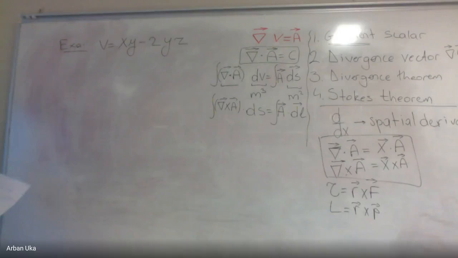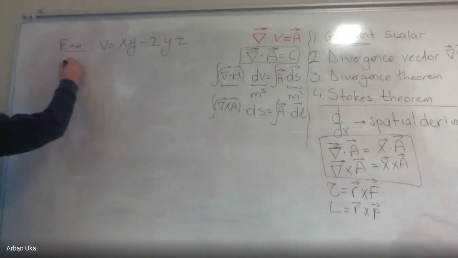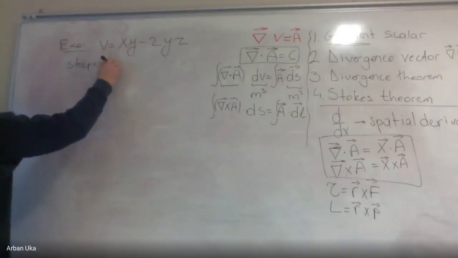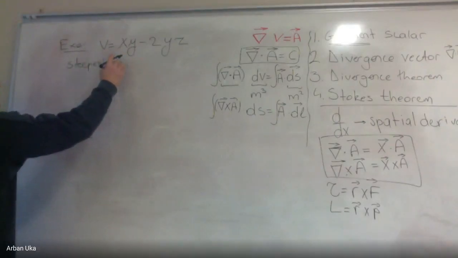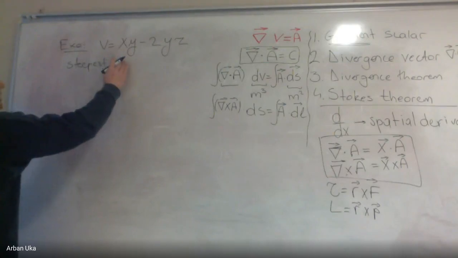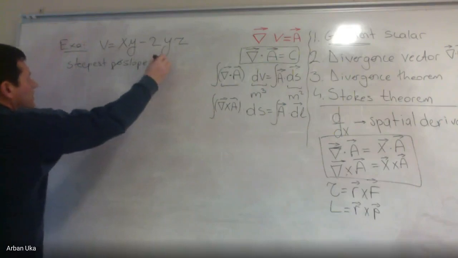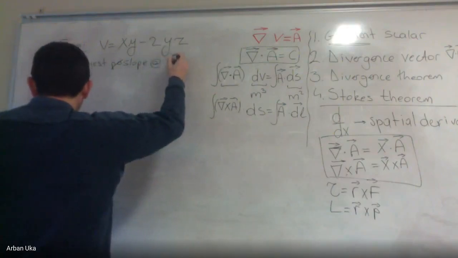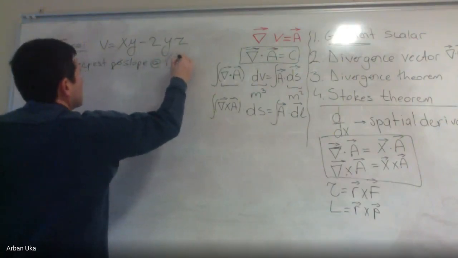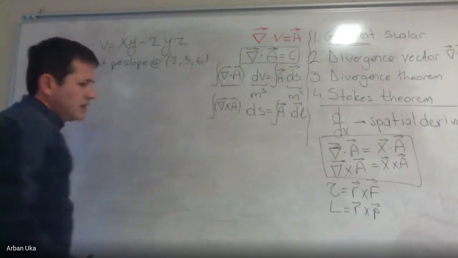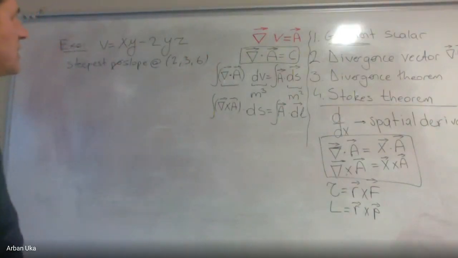So for this one, let's see, for example, what is the steepest slope at the point (2, 3, 6). In three-dimensional space, at this specific point, we want to see how this function behaves.